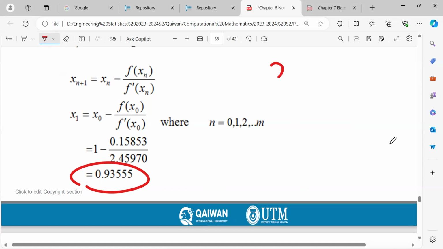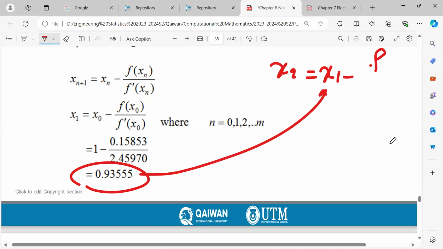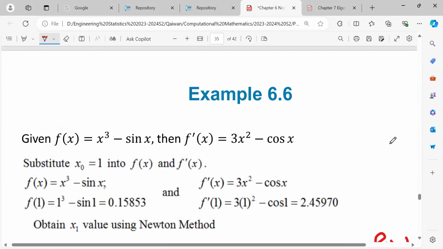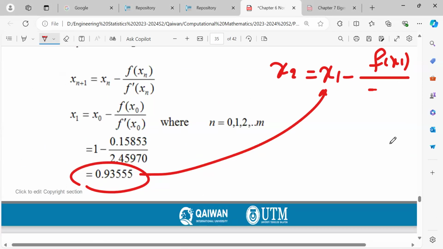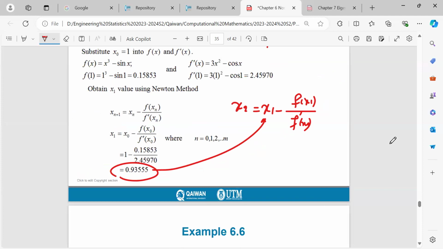To find x2, it is x1, which is this value, minus f of x1 divided by f prime of x1. We need to find f of x1 and f prime of x1. We replace each x in f and f prime by this value, 0.93355.